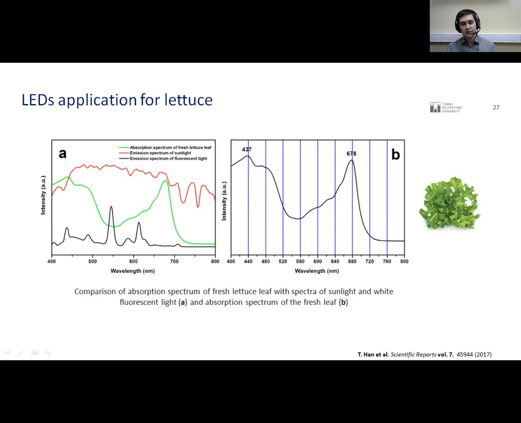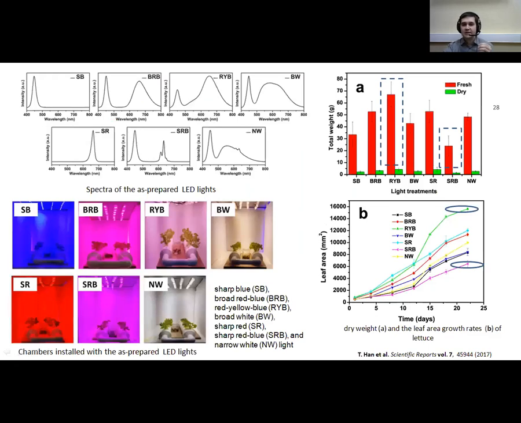Nonetheless, in the green-yellow light region, there are several weak absorption bands which could act synergistically. Therefore, the authors assumed that the ideal light for the growth of lettuce should have an emission spectrum that overlaps or is contained in the absorption spectrum of lettuce.